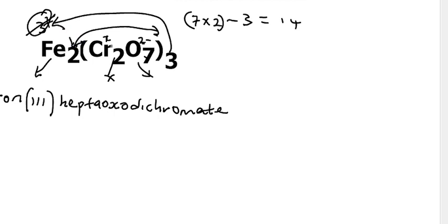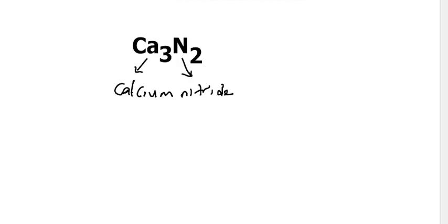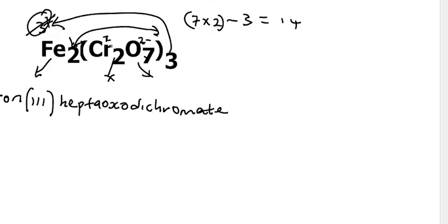Now look at it. When we did this, there was no exchange in charges. That is to say, when we exchange charges, then the charge we are normally supposed to use is the charge of the anion. So the charge of the anion here is 2. So it's supposed to be minus 2.